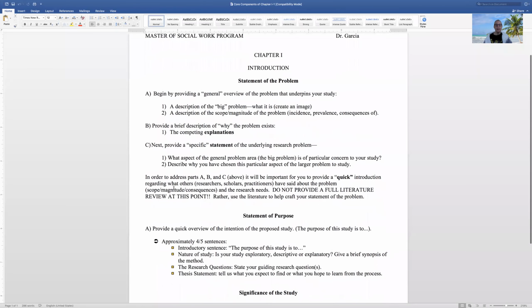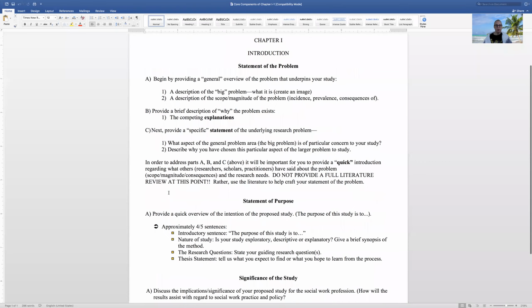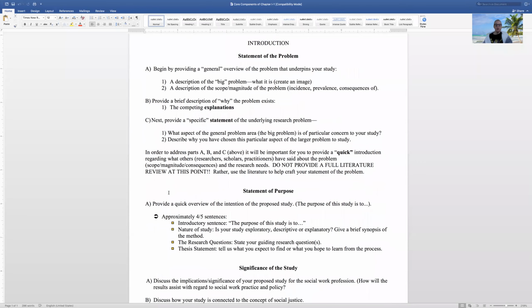The reason I like this option is it actually outlines what you need to say in the chapter 1. So it tells you that you need to create a statement of the problem. The problem is that we've got this phenomenon that we're looking at, and there's no research about it because maybe it's a smaller population or it's just not an area that's been discussed very much.